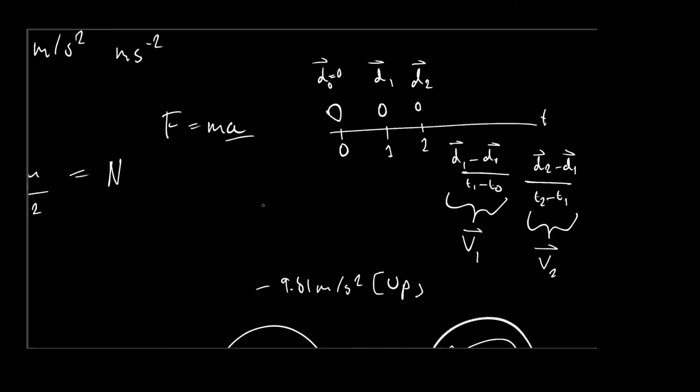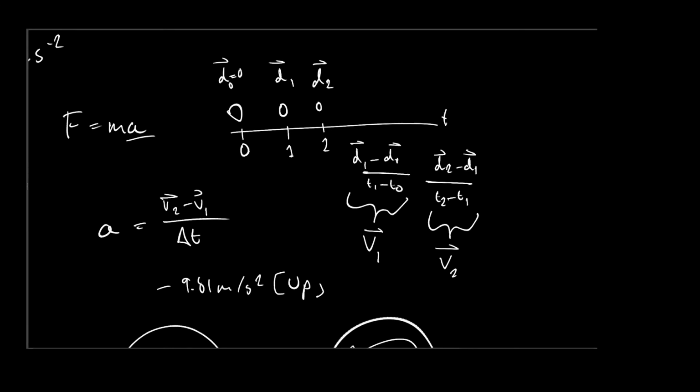And what we can do is take v2 subtract v1 over the delta t for this. My brain isn't working right now, but you get the idea. In the end, we're going to end up with acceleration, and we can actually measure this, right?